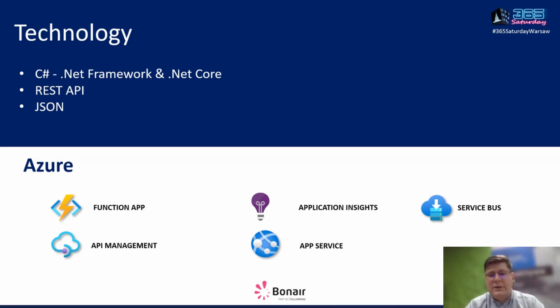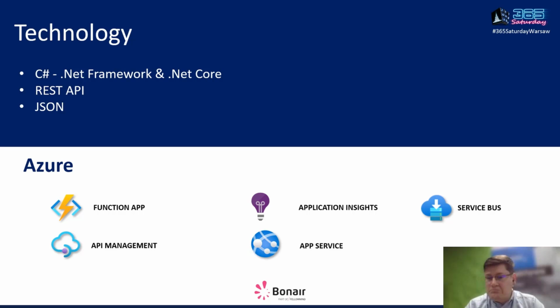At the beginning, we decided to use those 5 components. Service bus, it's just a cloud messaging service. Function app is a serverless service to run on-demand functions. API management, routing, telemetry, documentation for all services in the project.